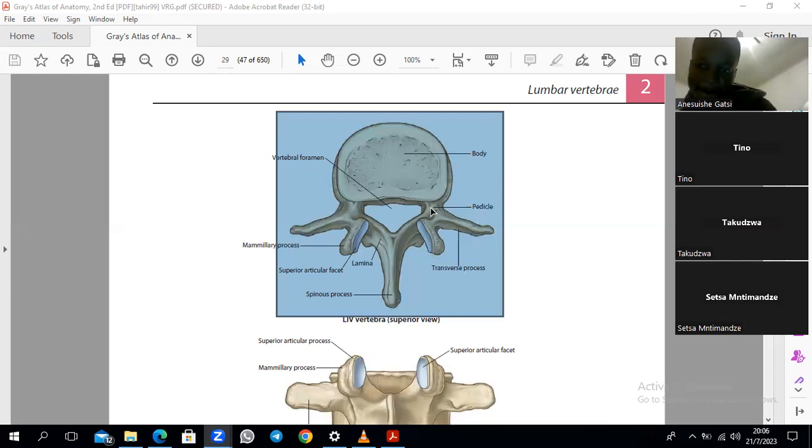I'm saying it's only on the 5th lumbar vertebral bone? No, it can happen anywhere, but normally they occur there. Oh, I get it. Right. Okay. So there is usually separation of the vertebral body from the inferior articular facets on the vertebral arch of L5, if you want to be specific.